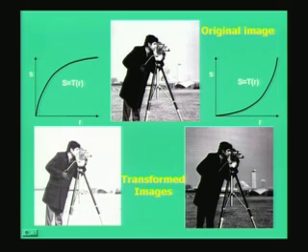These are the transformed images obtained by the corresponding s equal to T(r) transformation functions. So, these are certain examples of contrast stretching.